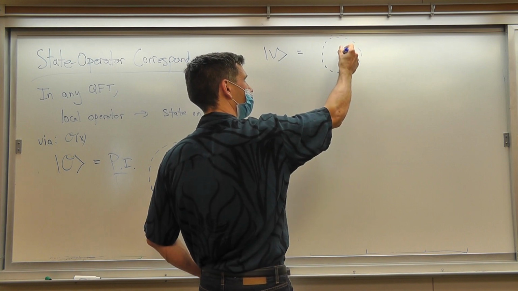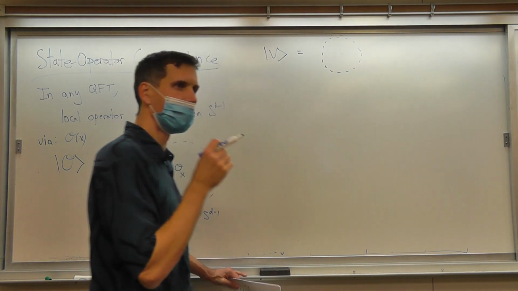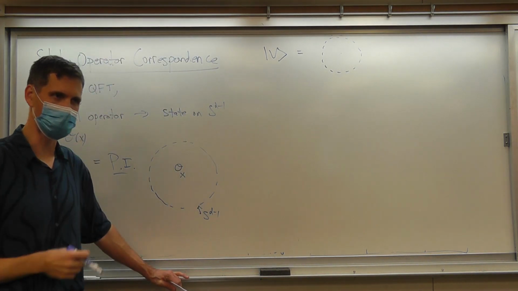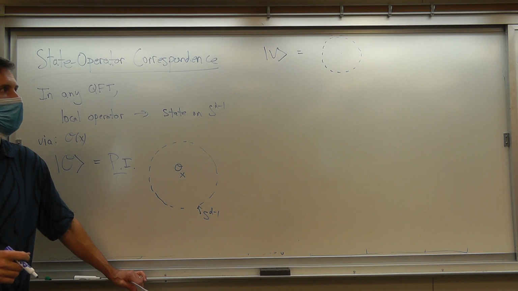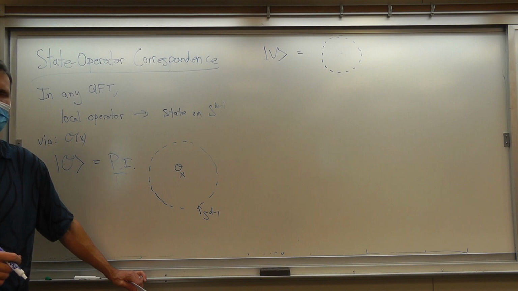This is 0 to R. I see. So that's why I don't think in general it's going to put you in the vacuum. I was imagining that was really big. Then I guess it would. Okay, I'm really not sure if it would or not.